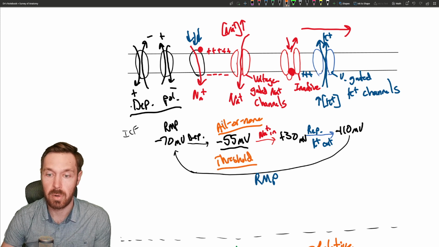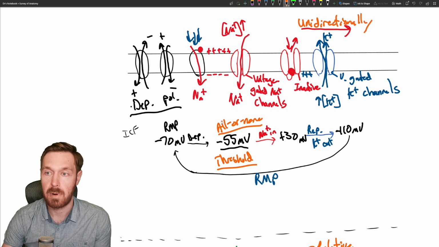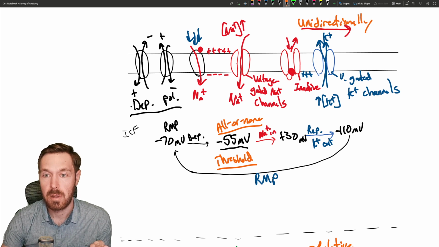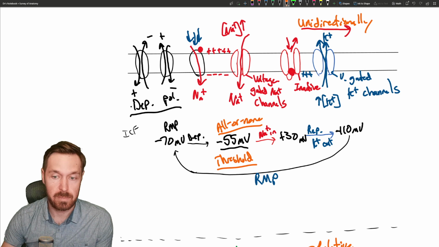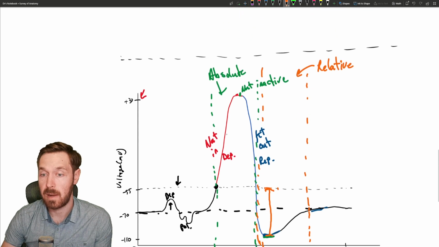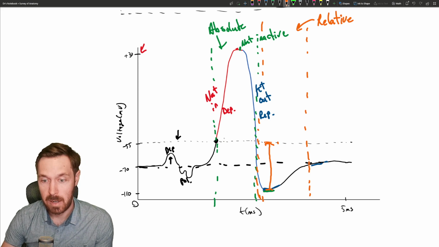If you hit this threshold, you fire the action potential. It's all or none, and it travels unidirectionally down a neuron, and it doesn't turn around because of inactivated voltage-gated sodium channels. Then once you reset to resting, you have the ability to fire another one, or you can fire another one within that relative refractory period.